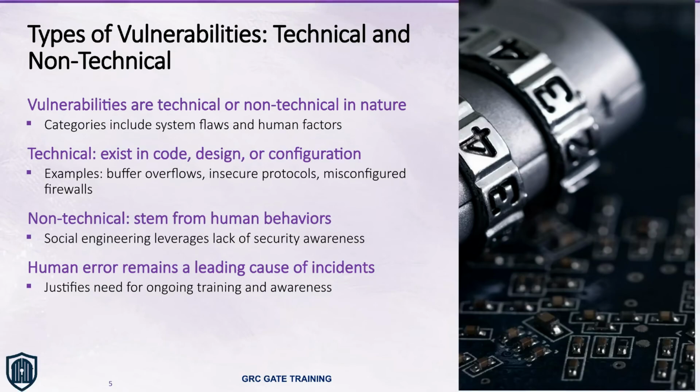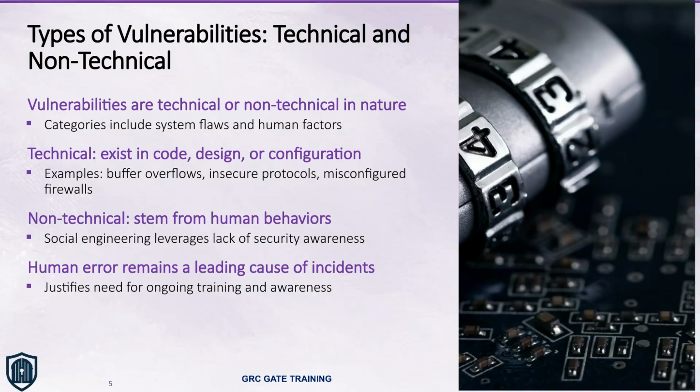Vulnerabilities aren't confined to technical flaws in software or hardware. They can be broadly categorized into technical and non-technical vulnerabilities. Technical vulnerabilities are those embedded in the code, design, or configuration of systems, applications, or infrastructure. Examples include buffer overflows, unpatched operating systems, insecure communication protocols, or misconfigured firewalls.